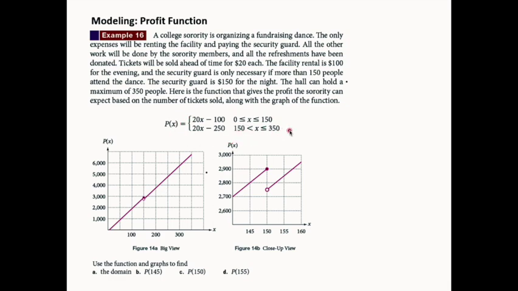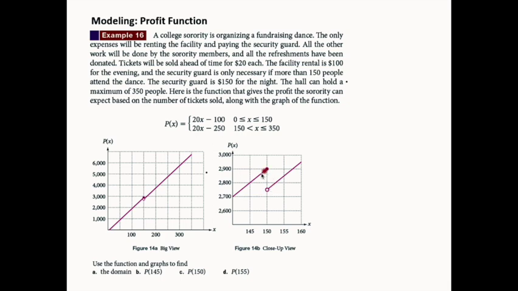When you graph this, this is the picture you're going to see. Now, because these are pretty close, the author of the book chose to zoom in so you can see what this looks like. These are both lines, but they're going to have different y-intercepts. This is the second piece because we're not including that 150, so that's going to be open.